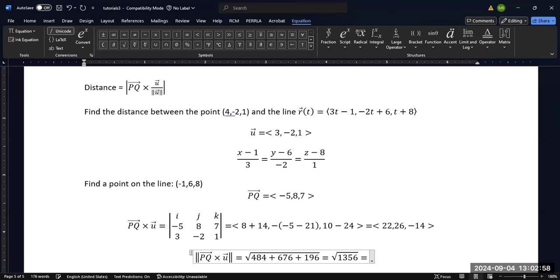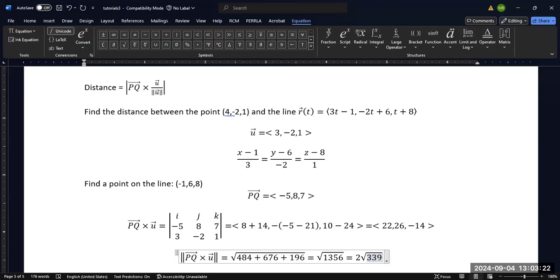Which is going to be equal to 2 times the square root of 339. And I don't know that that can be simplified any further.